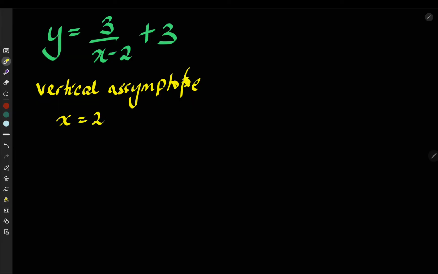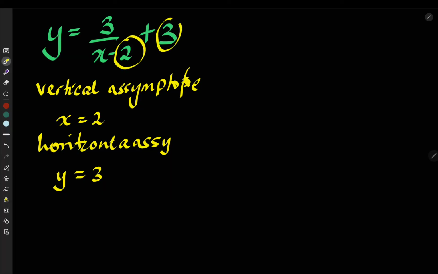That is the equation of the vertical asymptote. And the horizontal asymptote will be y is equal to 3. So we just read out these values: x is equal to 2 and y is equal to 3. Those are your vertical and horizontal asymptotes.